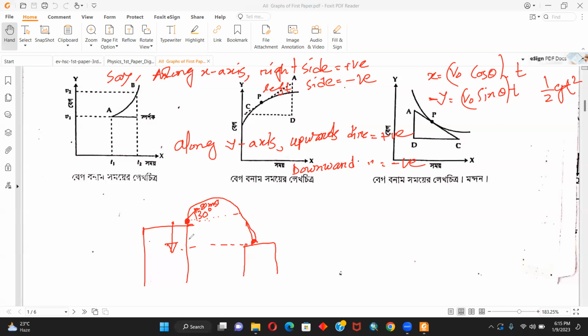Now again, g is downwards, so minus, and x is going rightward, so it will be positive. V naught is going upward, so it will be positive, and for sine theta and cos theta, we will just put the angles. This is how we can get equations in different scenarios based on the change in height.